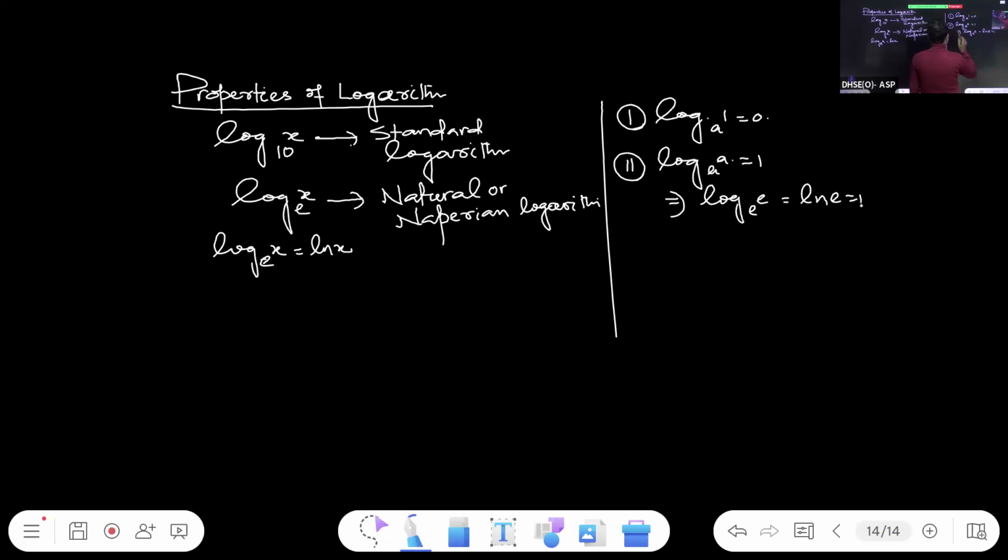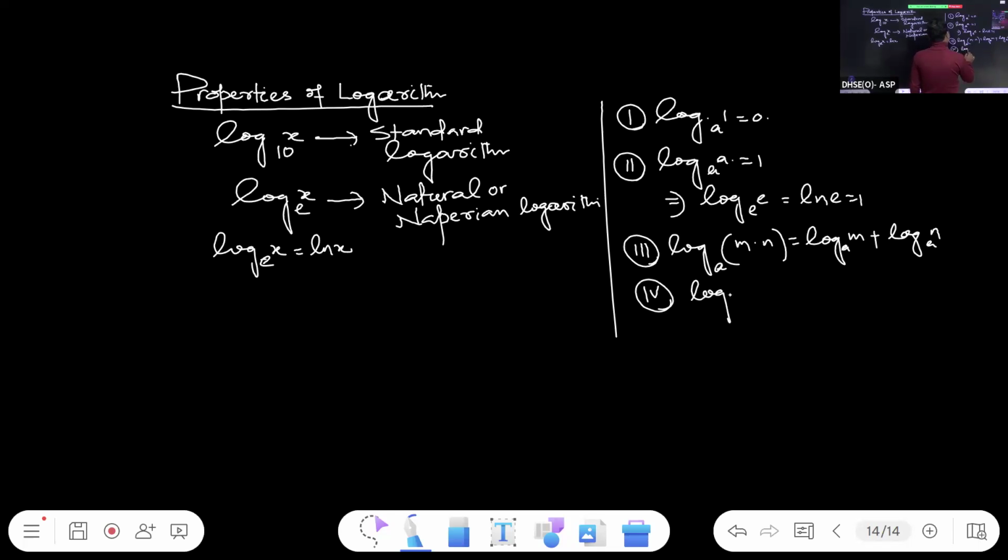Third property: log of m into n to the base a is equal to log m to the base a plus log n to the base a.